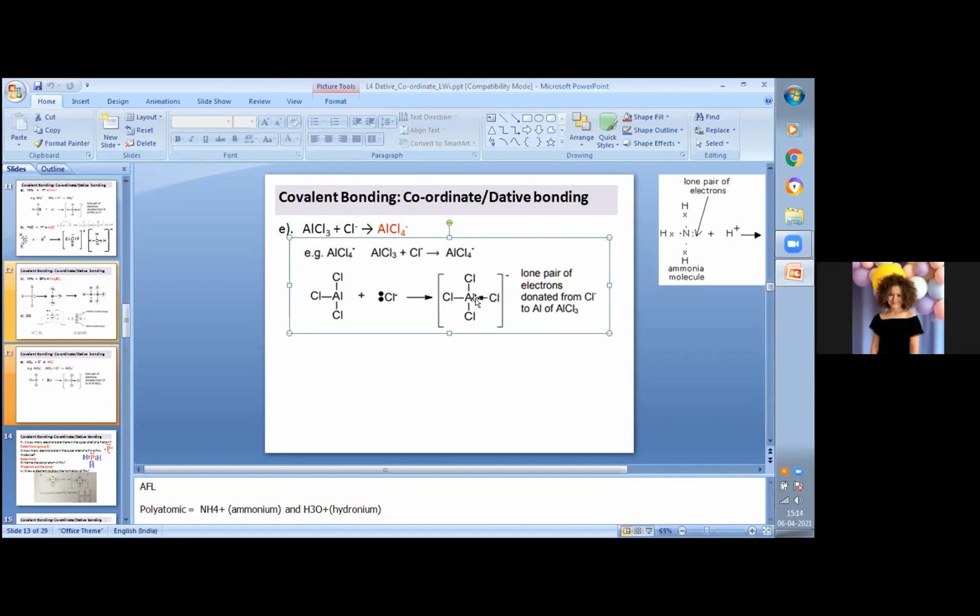So the arrow pointing was Cl to Al, not Al to Cl. So you have to look at it carefully. Please listen carefully for your betterment. We are doing this class for your betterment, for the revision of your study.